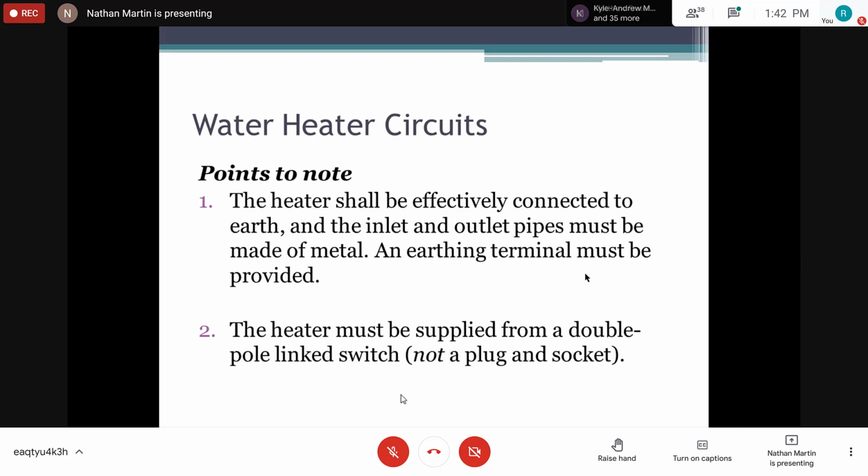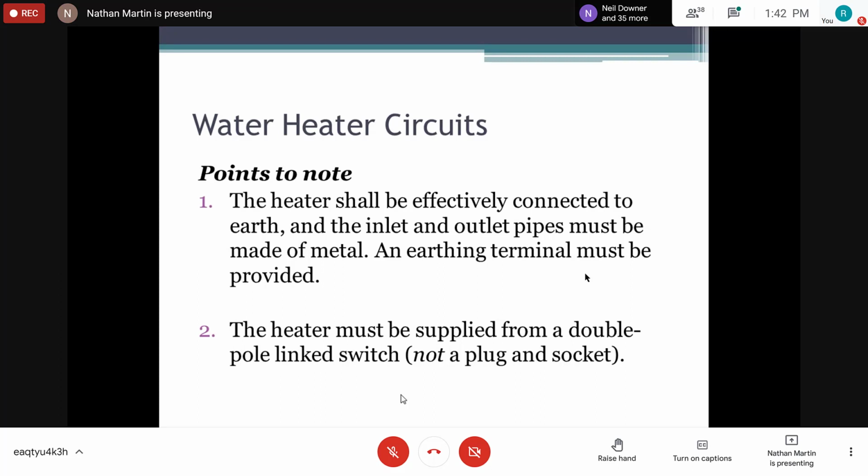All right, points to note: the heater shall be effectively connected to earth, meaning that the casing of the heater must be earthed. The inlet and outlet pipes must be made of metal, so you cannot use PVC, right?